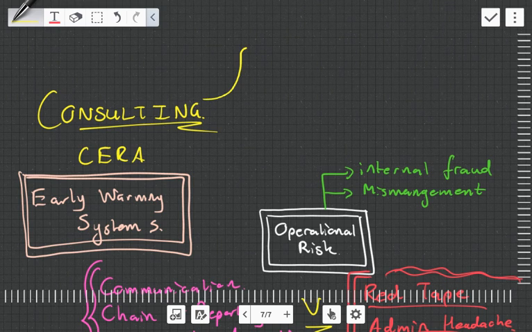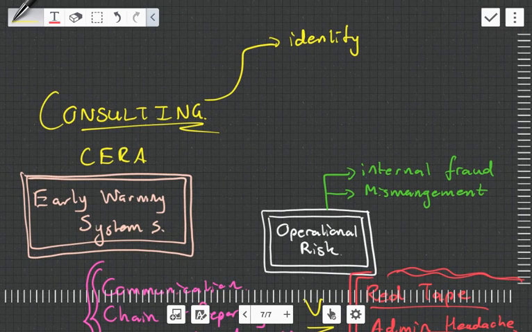But essentially what you do as a consultant in operational risk is you come in and you want to identify the risks. And this is very difficult to do if you're off-site. So you actually have to pack your bag, go to the company's head offices or go to their operations and spend a day or two looking around, interviewing people, and trying to identify what risks the organization is exposed to.